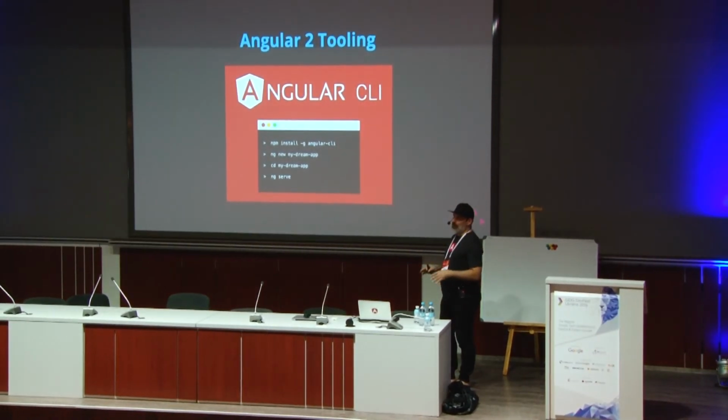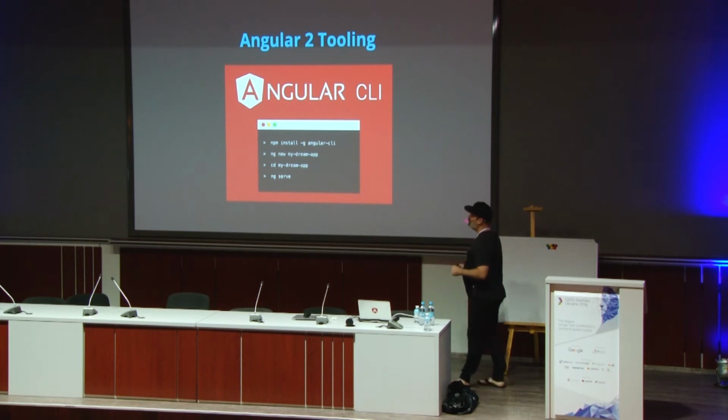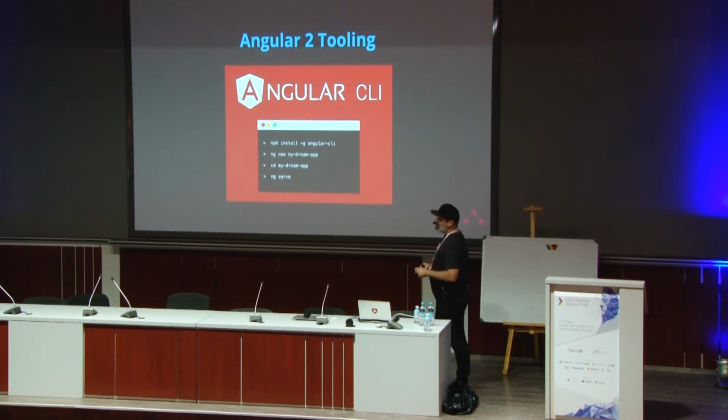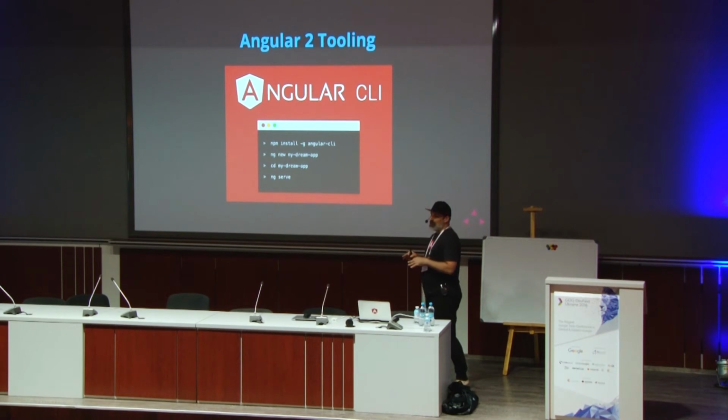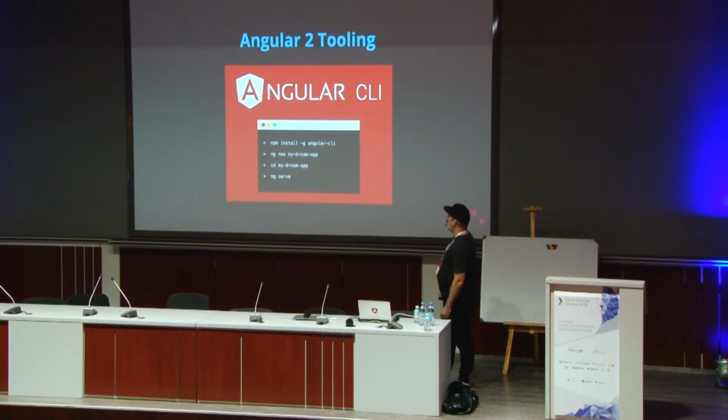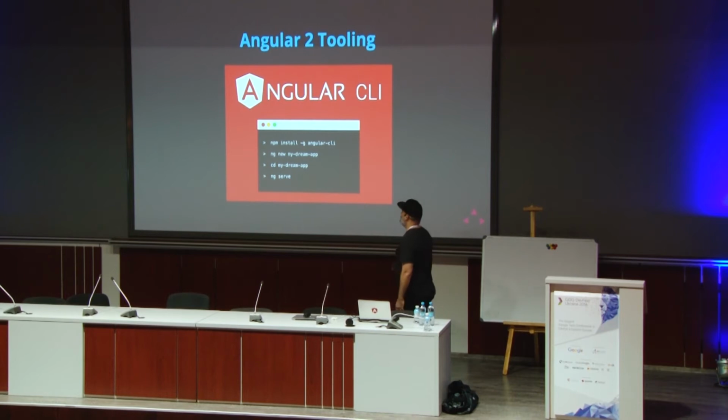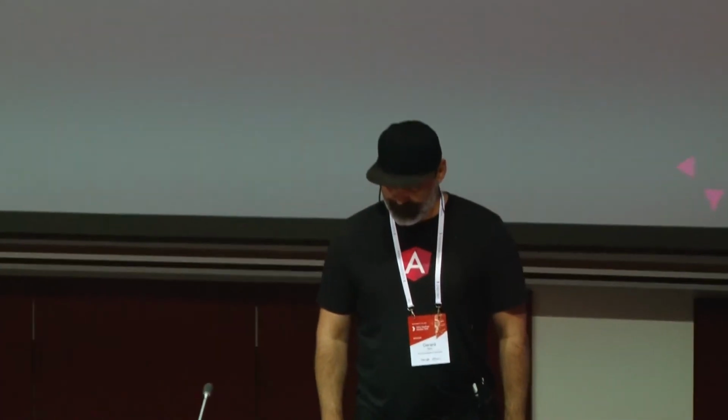Just using npm, we will install the Angular CLI, which is the command line interface. And just using ng new, we will create an application. It will create all the scaffolding for us. And then using ng serve, it will do the regular thing for modern front-end development. So that makes it really easy.